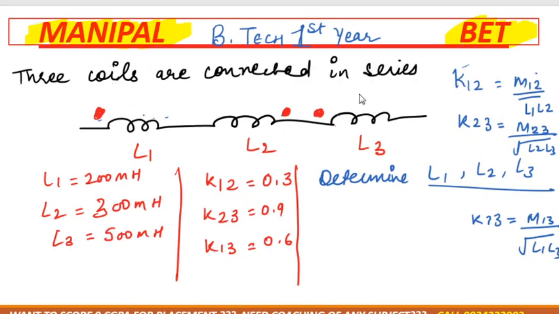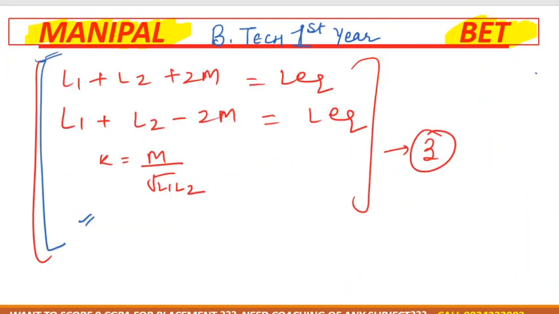These three coils are connected in series. They have given L1, L2, L3 and K values, and you need to calculate the total inductance. Total inductance L equivalent is L1 plus L2 plus L3 plus 2M12, 2M23 and 2M31. All these are questions from your paper only.